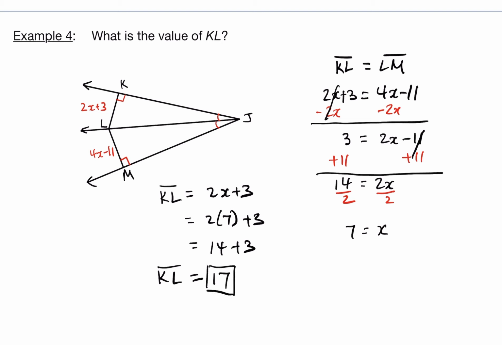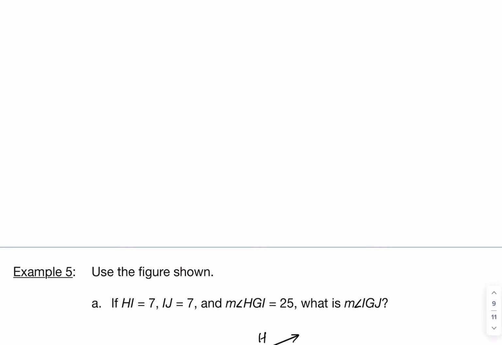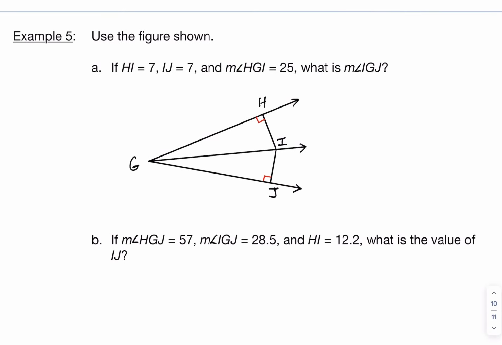All right, let's go on to our last example. This example has 2 parts. Let's take a look at this figure here. In part A, it says that if HI is 7, so if this segment is 7 and IJ is also 7, right off the bat, we know that both of these are equal.